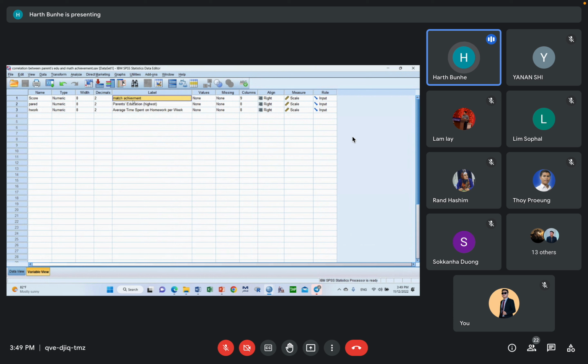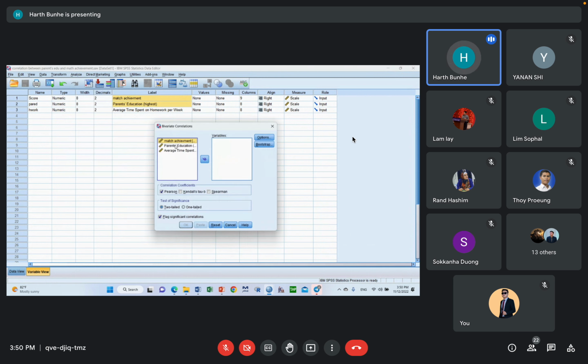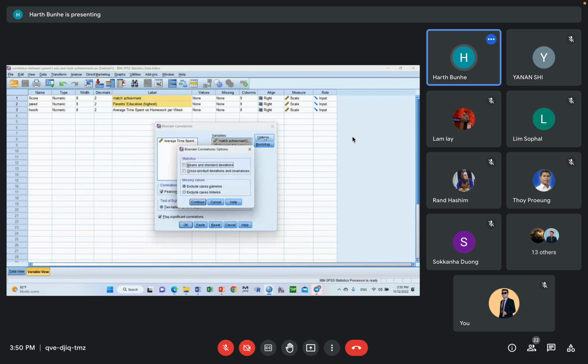So you have two variables here, and then you go to analyze, correlate, and then bivariate. The two variables that you will include in the analysis. Say yes here. And if you want to see something connected to descriptive statistics, you just go to options and you will want to see the mean and standard deviation of the two variables.